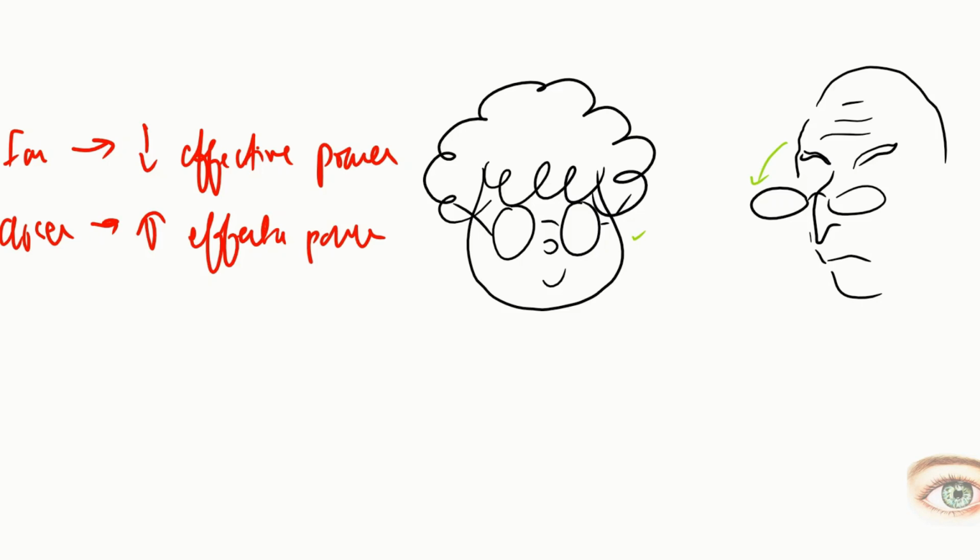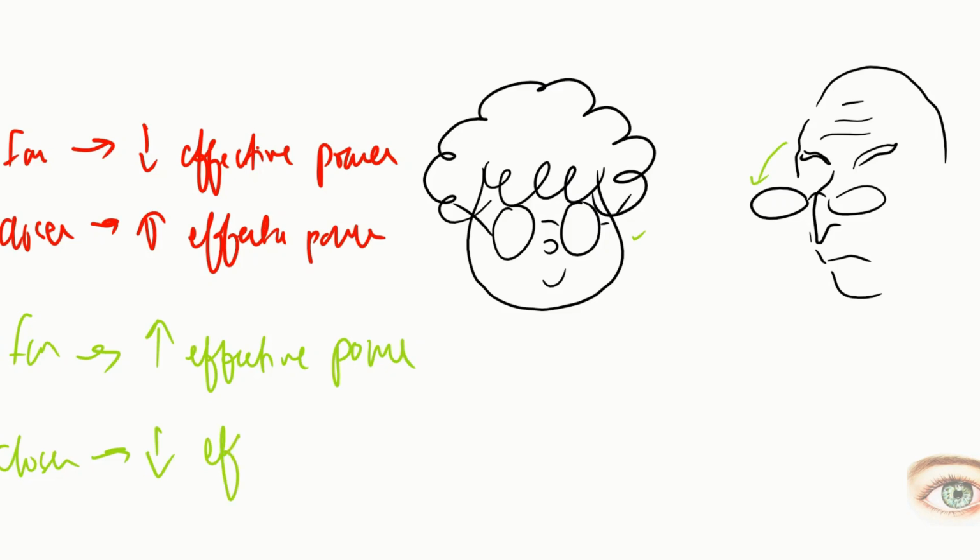Vice versa, if a person is wearing a plus lens, a convex lens, taking it far away from the eyes, increasing the BVD actually, it is going to increase the effective power. And if the same plus lens is closer to the eyes, it is going to reduce its effective power.